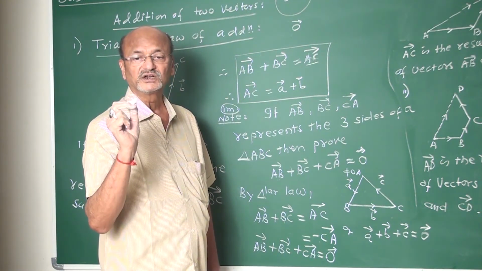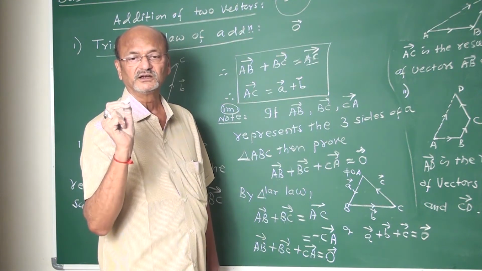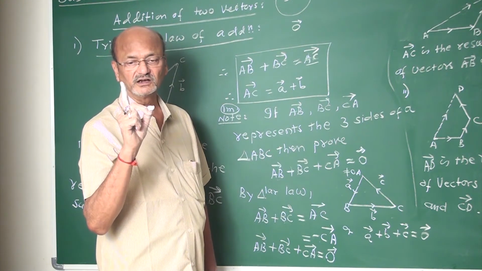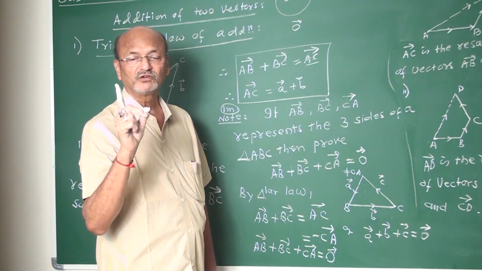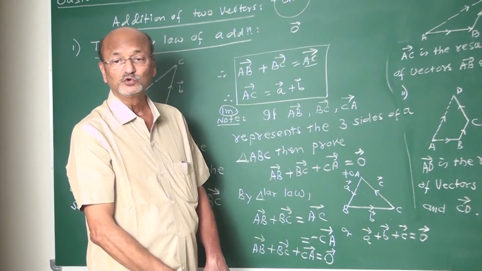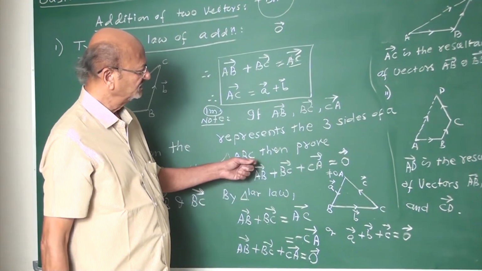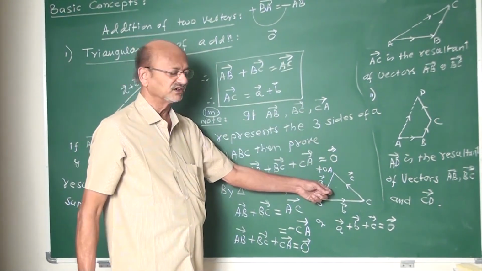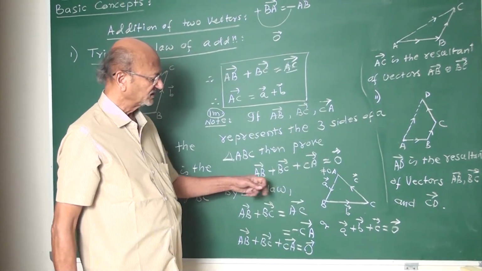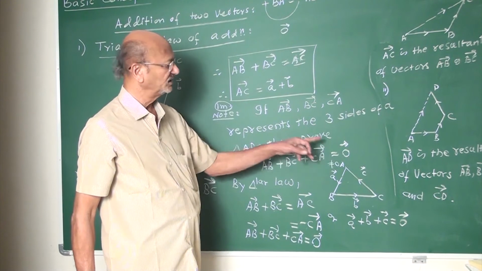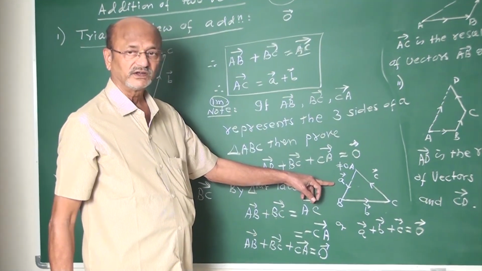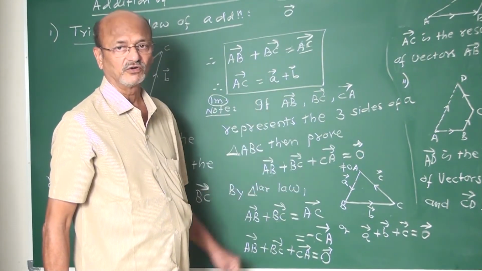If the sum of those three vectors is zero, then those three vectors represent the three sides of a triangle. If it is not zero, then those three vectors don't represent the sides of a triangle. In future, to say that these three vectors represent the sides of a triangle, what is the test? Their sum must be the zero vector. Then only these three vectors represent the three sides of a triangle. This is by the triangular law of addition.